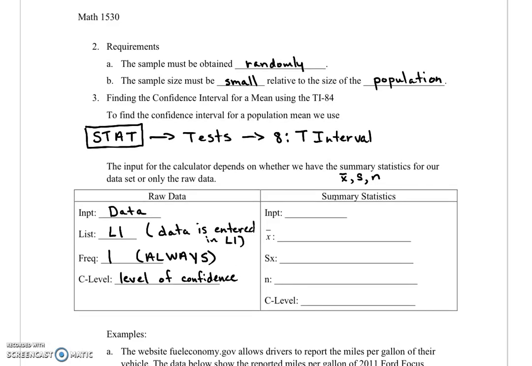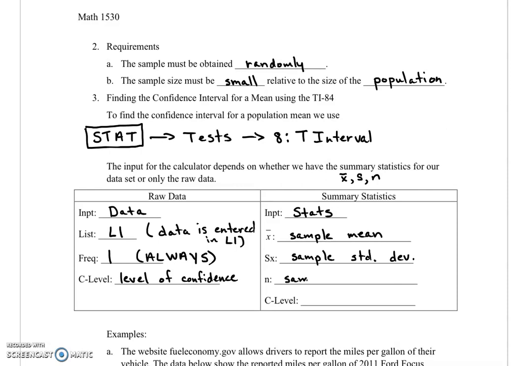Okay, if we have the summary statistics, we put the input on stats. X bar, of course, is the sample mean. SX is the sample standard deviation.